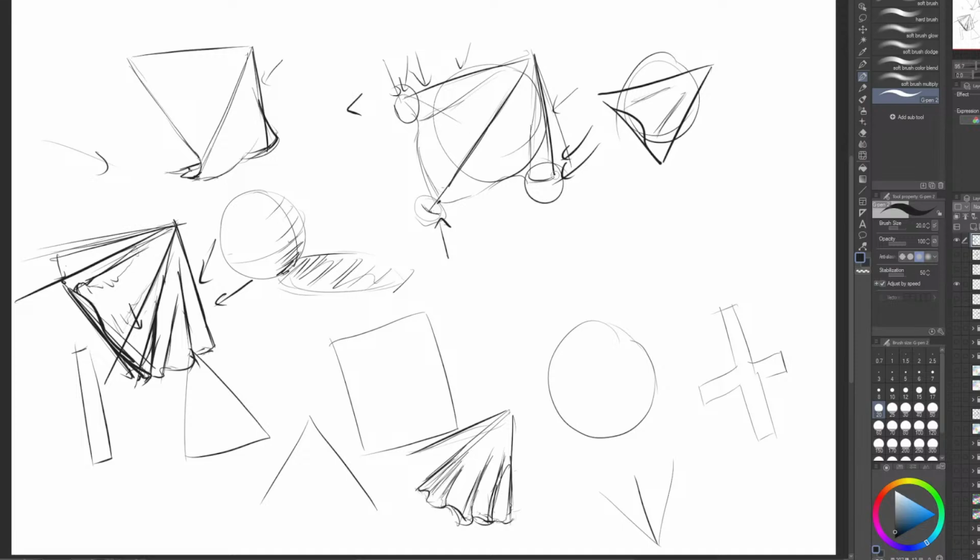if 2 points move closer to one another, okay, so I've got a square, and if this point moves closer to this point, or this point moves closer to this point, then both these sides need to bend, or all four sides need to bend in order to make up for that.